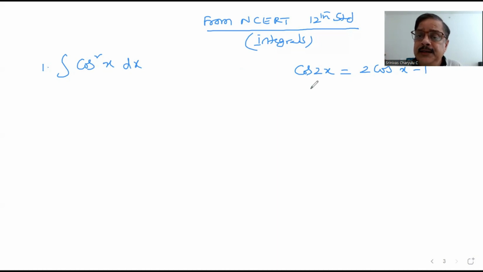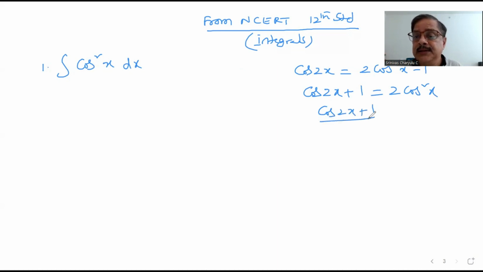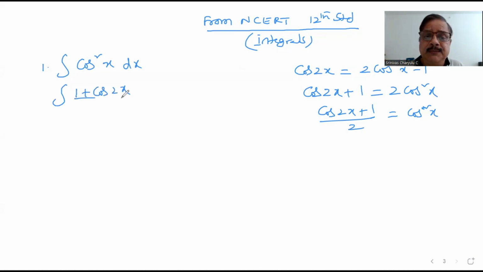Minus 1 goes to the left-hand side and becomes plus 1, then divide by 2 to get cos square x. So in place of cos square x, you write (1 plus cos 2x)/2, or (cos 2x plus 1)/2, both are same.